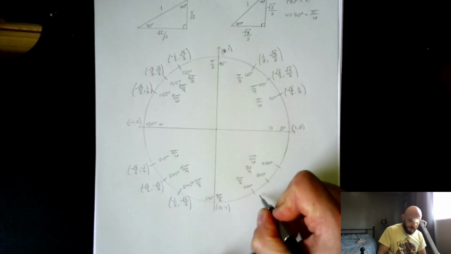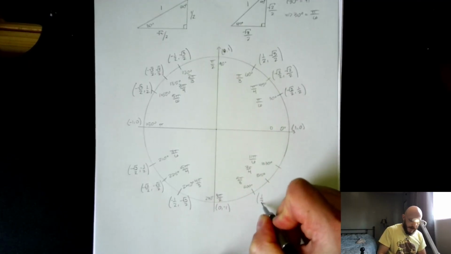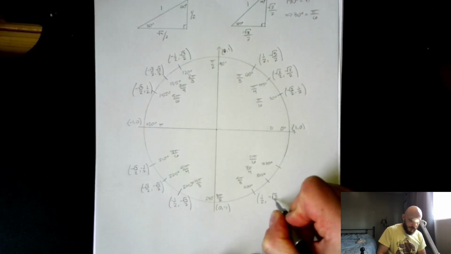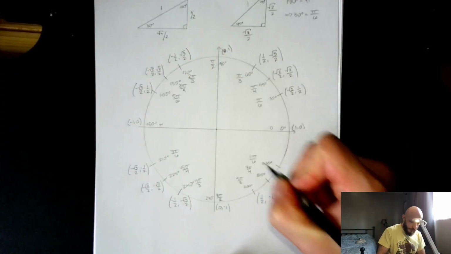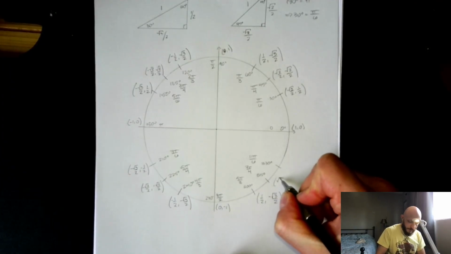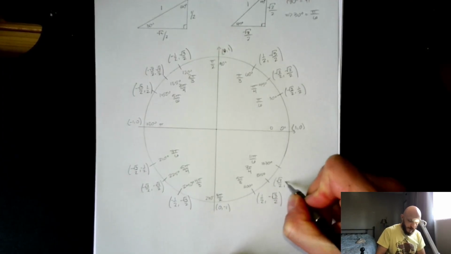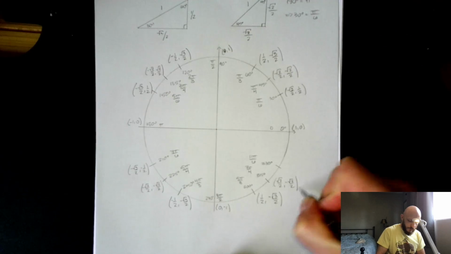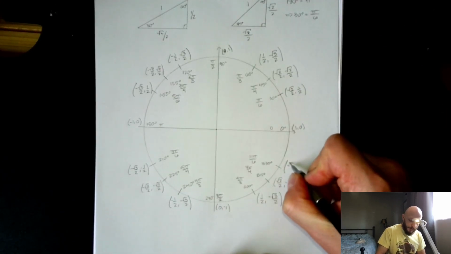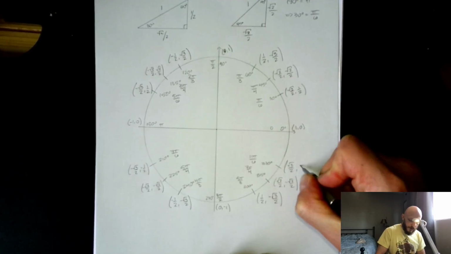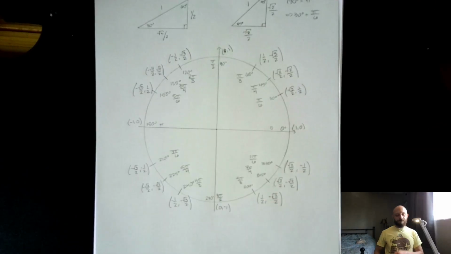So this is 1/2, comma, negative root 3 over 2. 7 pi over 4 is positive root 2 over 2, comma, negative root 2 over 2. And 11 pi over 6 is positive root 3 over 2, comma, negative 1/2.